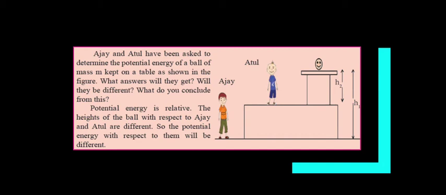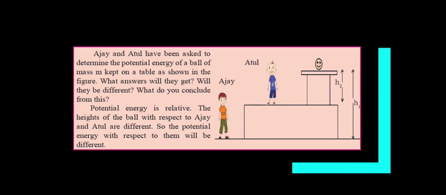Now let us see this example. This is also very important. Ajay and Atul have been asked to determine the potential energy of a ball of mass m kept on a table as shown in the figure. What answers will they get? Will they be different? What do you conclude from this? Now see, potential energy is relative.